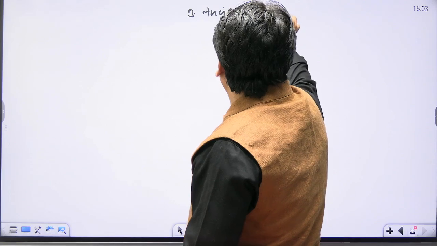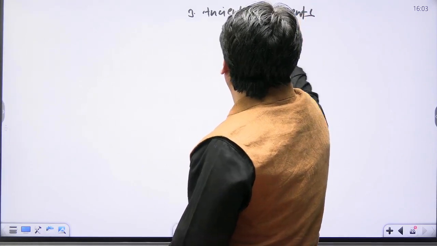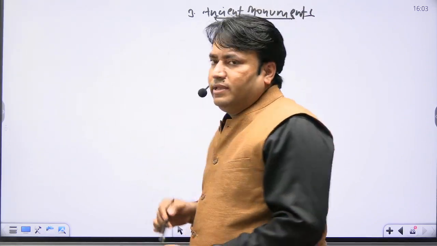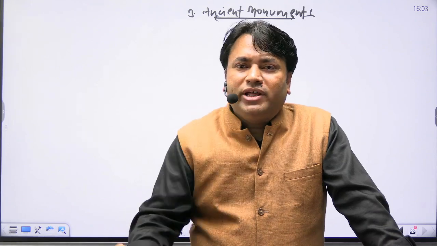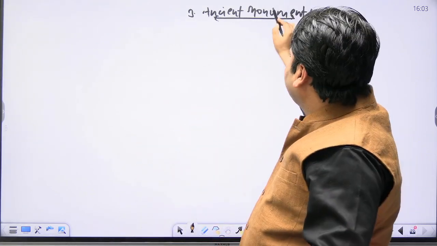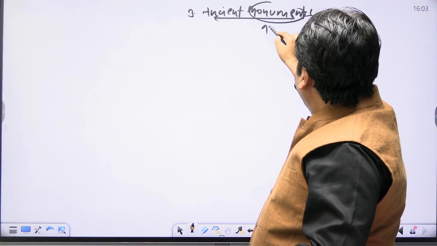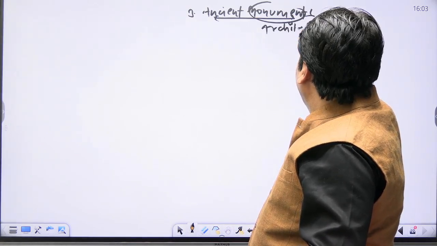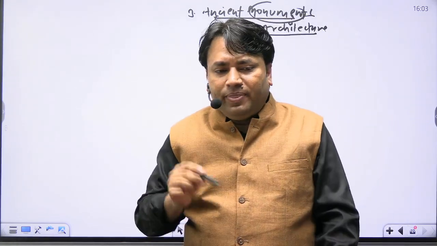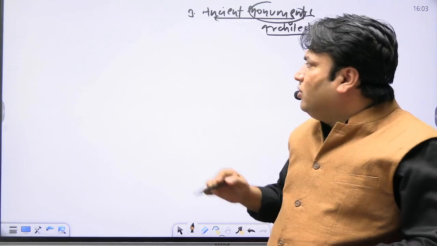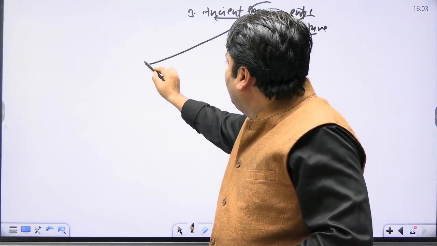Ancient monuments. Okay. Look, when we talk about ancient monuments, basically we are discussing architecture, building activity. Then you should have a very basic idea that there are two kinds of architecture or monuments.